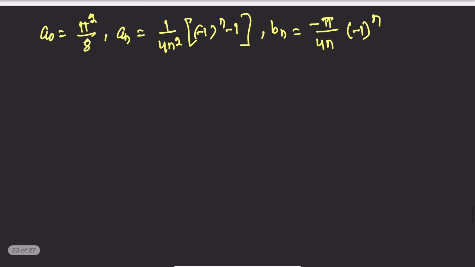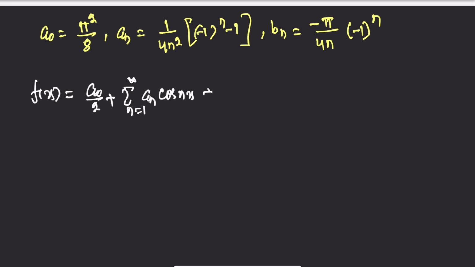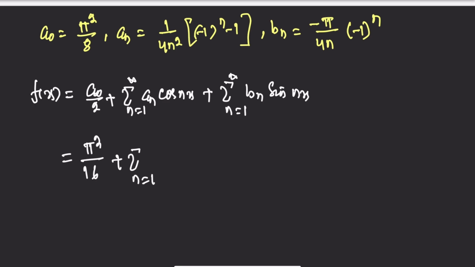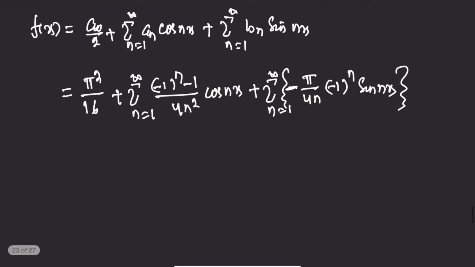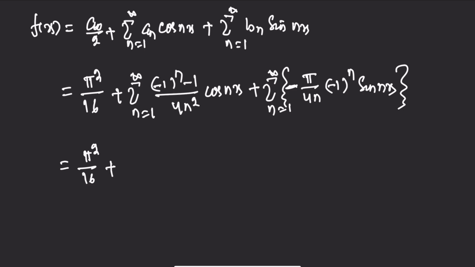Now use these values in the Fourier series expression of the function. Okay, cosine series exists only when n is odd, because this term becomes 0 when n is even.